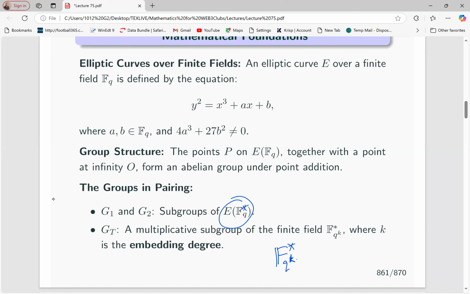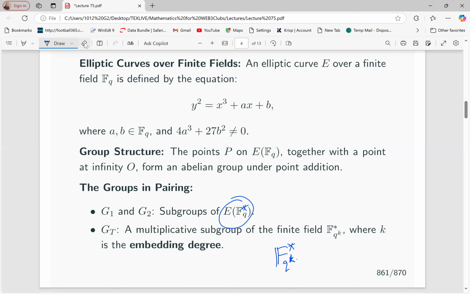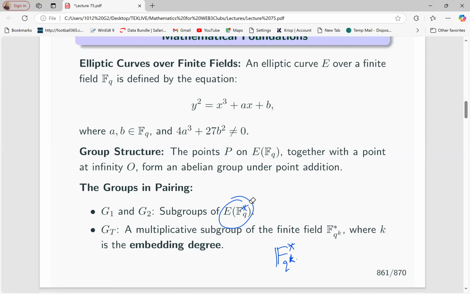K can be 2, K can be 3, and this K is what we call the embedding degree. Today I just want to teach you how to get the embedding degree, because we'll be using it then in bilinear pairing.